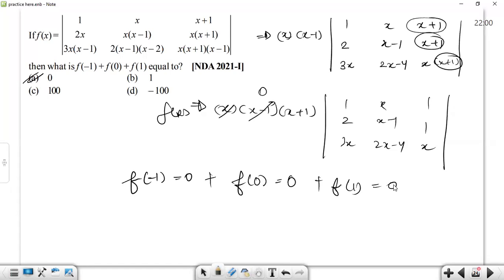We took x common from the second row, x minus 1 from the third row, and thereafter x plus 1 from the third column. Then, substituting x with minus 1, 0 and plus 1, the value of the function becomes 0, 0, 0. So after adding, the overall sum is 0 only. Is that clear, everyone?